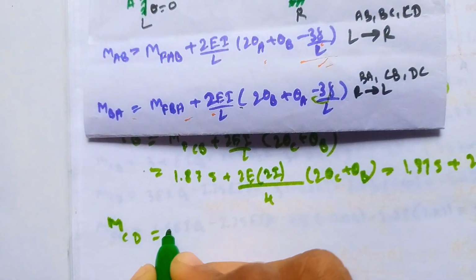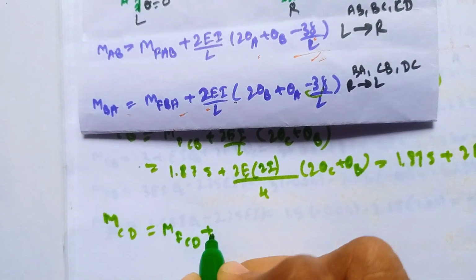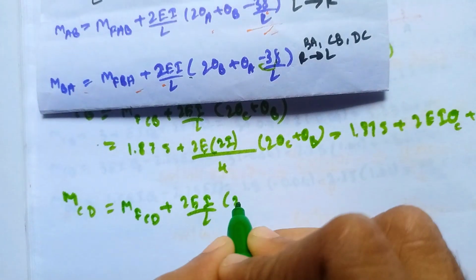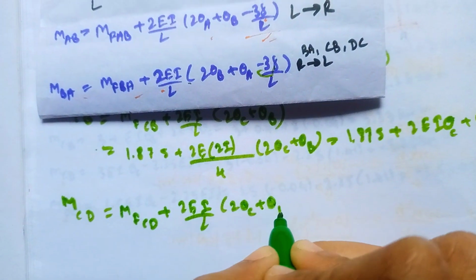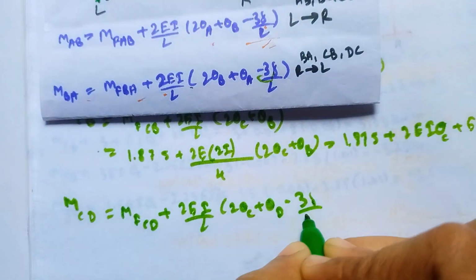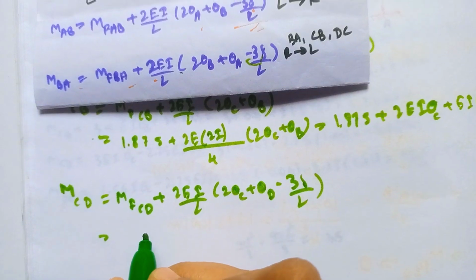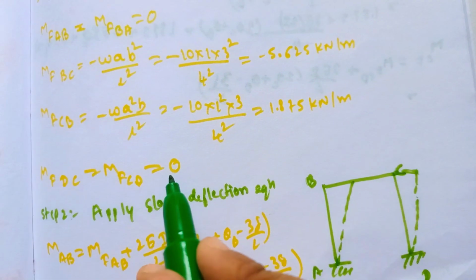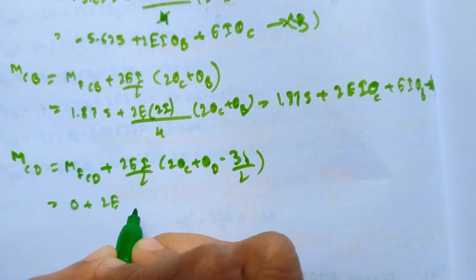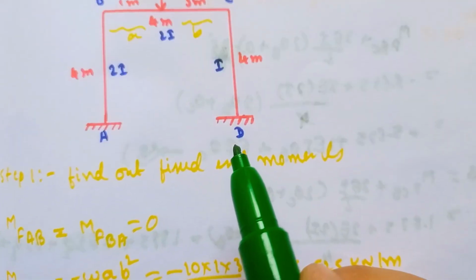So MCD is equal to MFCD plus 2EI divided by L, 2 into theta C plus theta D minus 3 delta divided by L. It is a vertical member, so we need to add it. Substitute all the values. The MFCD value we got was 0, because there is no load. MFCD is 0 plus 2EI, where the I value for CD is 1 and the length is 4 meters.